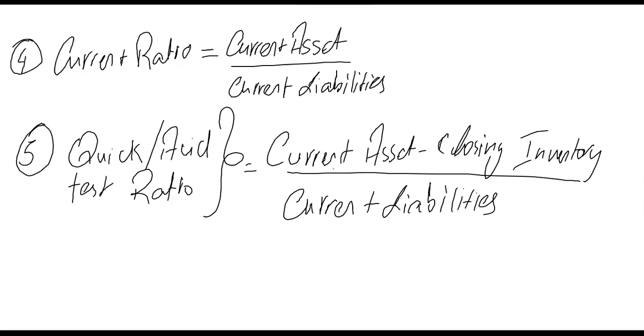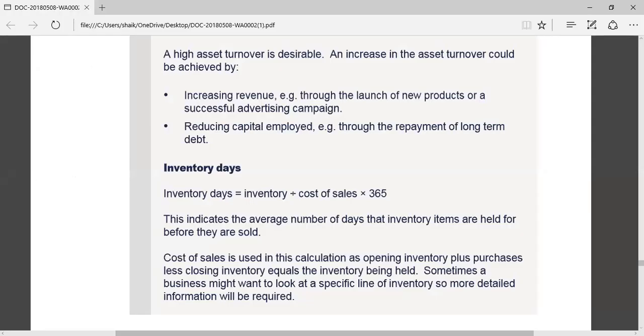And if I move to the original slides, let's discuss what we had seen in our previous classes. Now I'm moving towards the inventory days ratio. Inventory days ratio may be calculated by inventory divided by cost of sales, multiplied by 365.